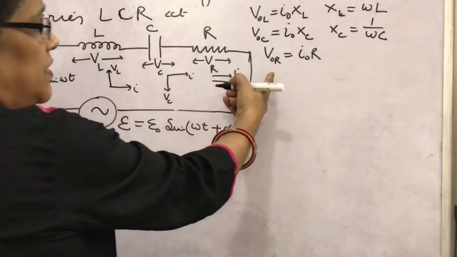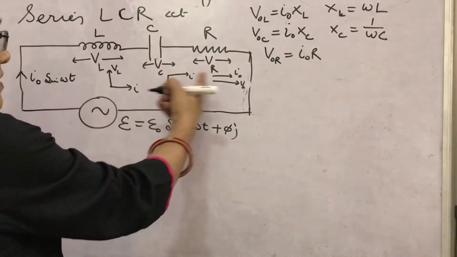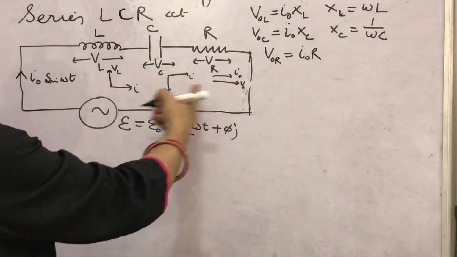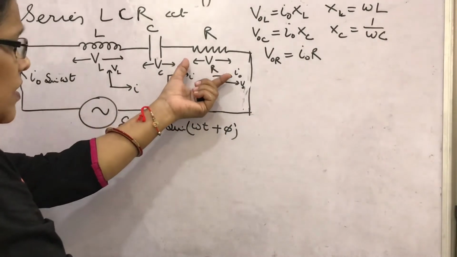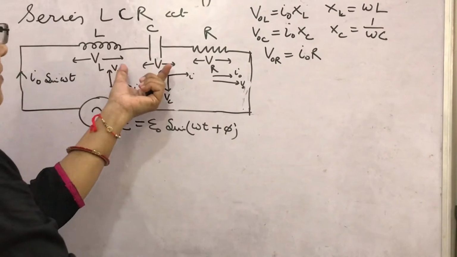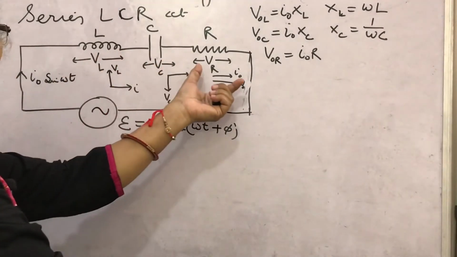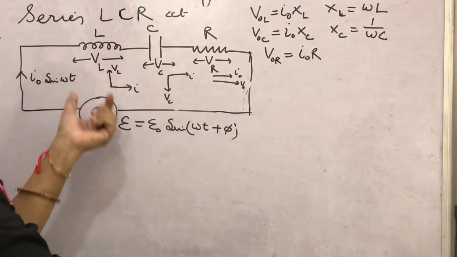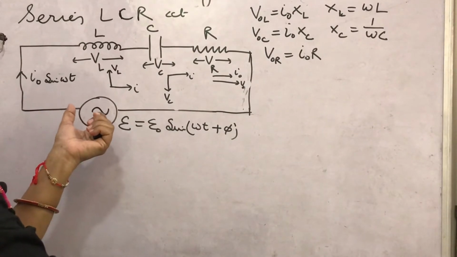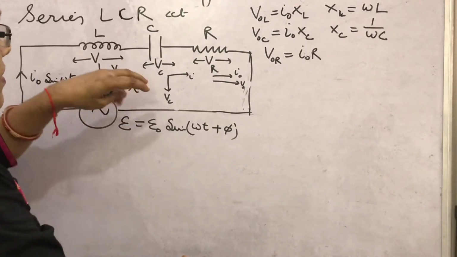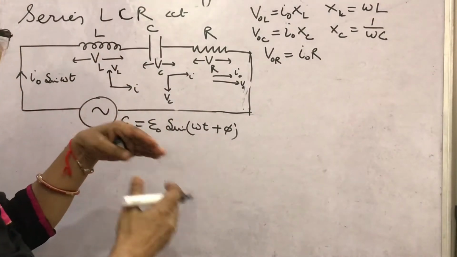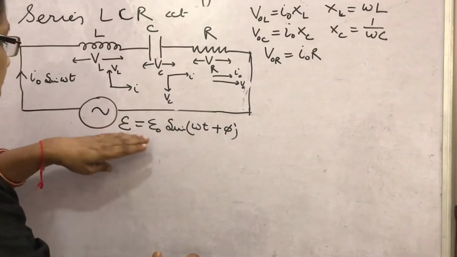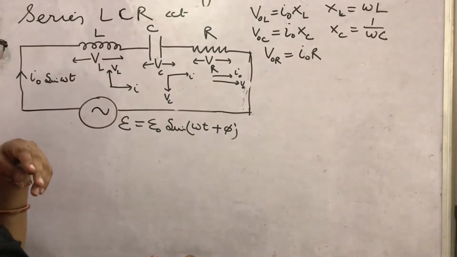We have seen here that the algebraic sum of all these three voltages at any instant is equal to the applied voltage. But when these are all connected in series, what is the phase between applied voltage and current?